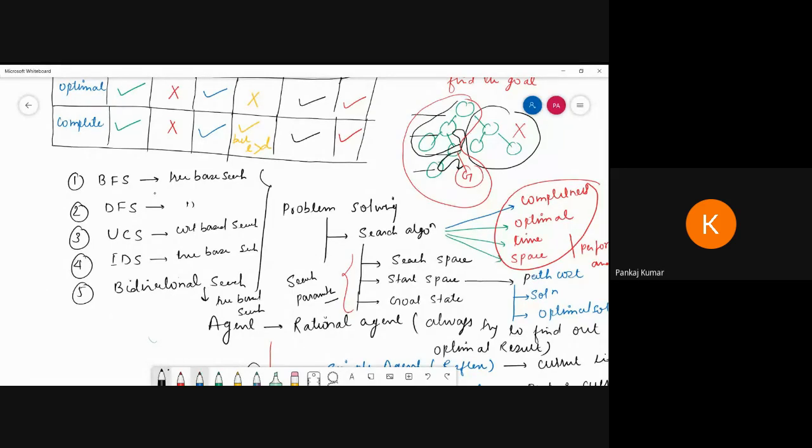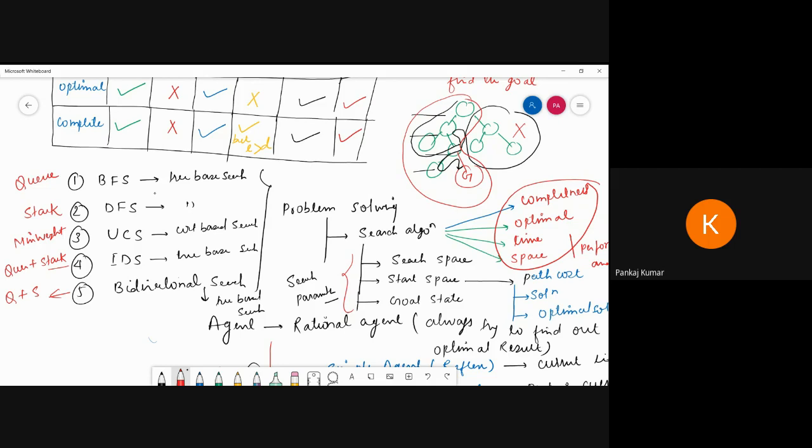In BFS we are using a queue data structure. Here we are using a stack data structure. In UCS, we cannot use queue and stack; it simply stores the minimum weight. UDS uses both queue plus stack, and this one is also queue plus stack.